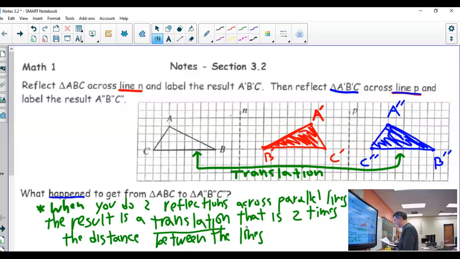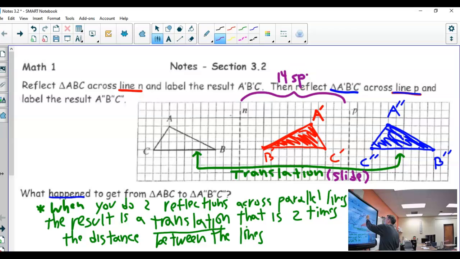Now, you might remember from last year that a translation is really just a slide. It is when you take the figure and you slide it across the graph. You don't rotate it. You don't turn it. You don't reflect it. It's like you put your finger on it and you just push it across the graph. And you can notice that these two lines that are parallel to each other are 14 spots apart.